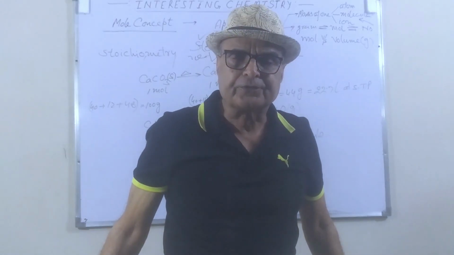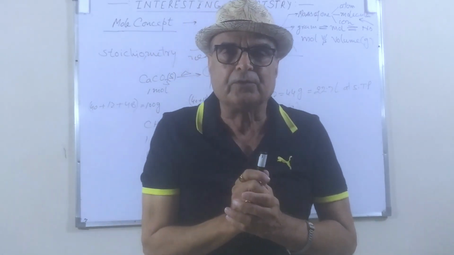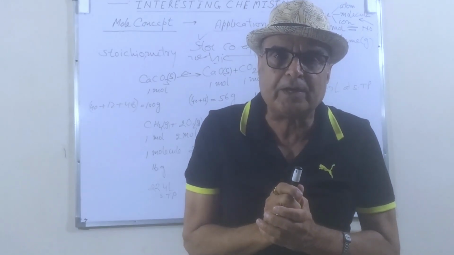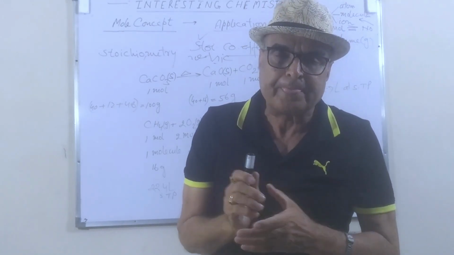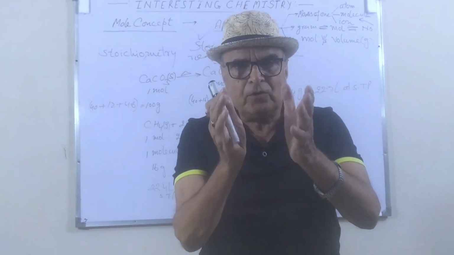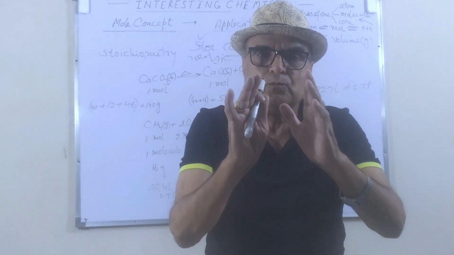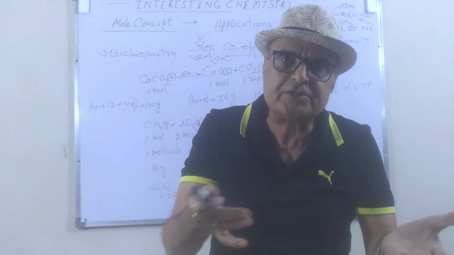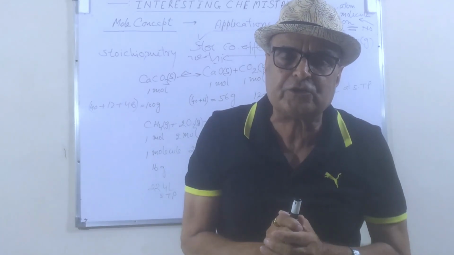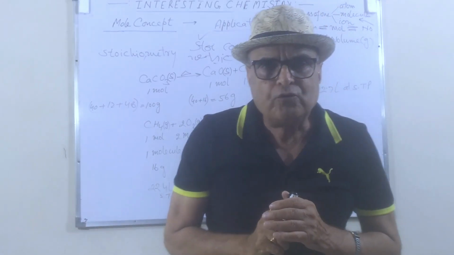If you are asked in your examination what you mean by stoichiometric coefficient, then you can say the numbers we use to multiply the reactants or the products to balance the equation are called the stoichiometric coefficients.